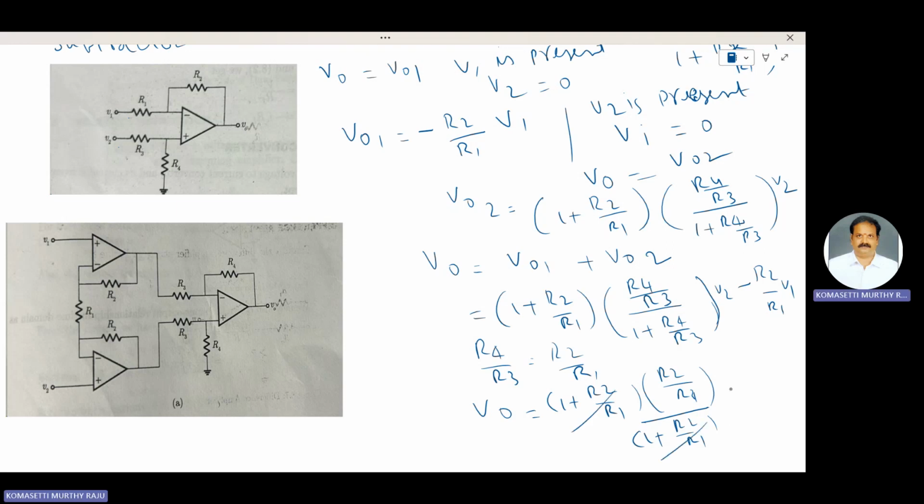These two are cancelled. This one is V2 minus R2 by R1 into V1.